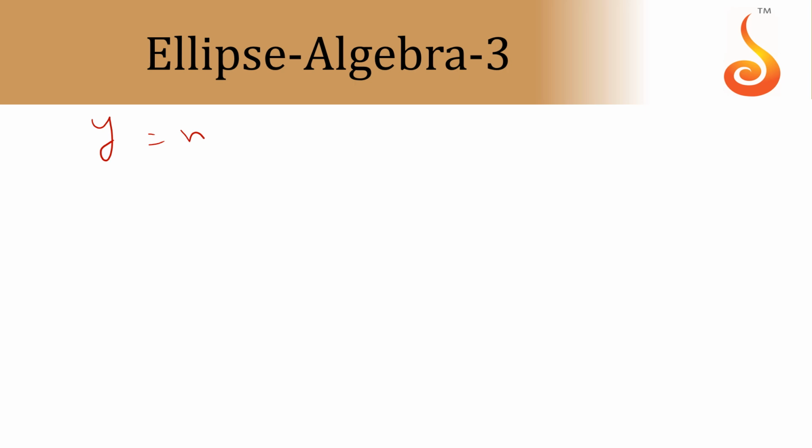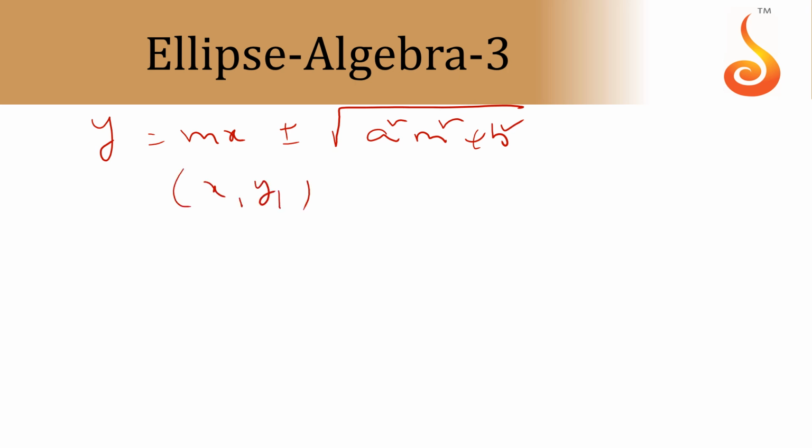If this y equals mx plus or minus root of a square m square plus b square passes through a point x1 y1, you can't have infinite m's now, because we are saying that it's passing through x1 y1. So substituting this point, (y1 minus mx1) whole square equal to a square m square plus b square.